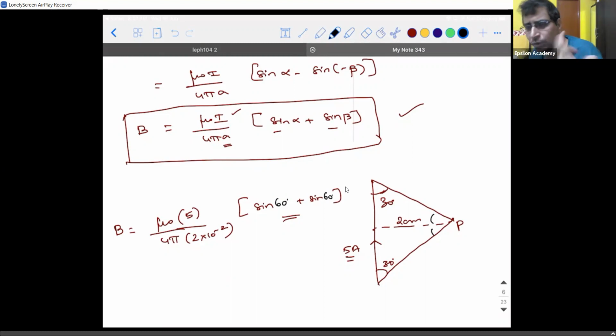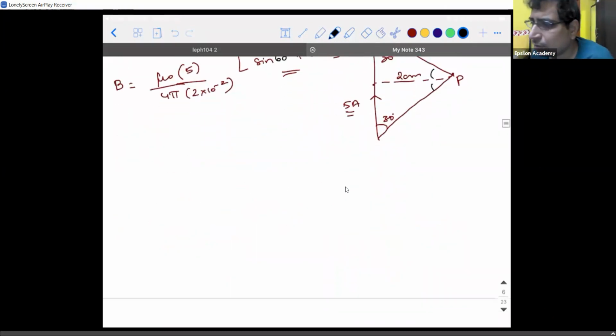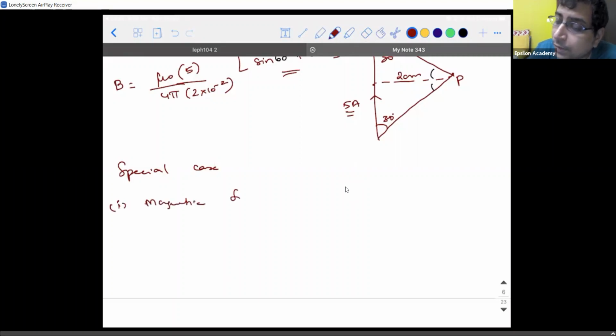You have understood this. The next concept that I'm going to say is very, very simple. Listen. Now we are going to look at some special cases. The first one I'm going to talk about is the magnetic field due to an infinite length conductor.